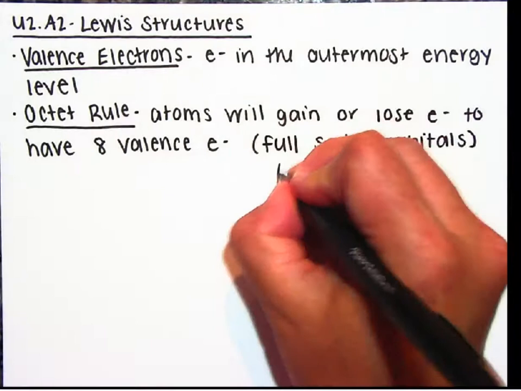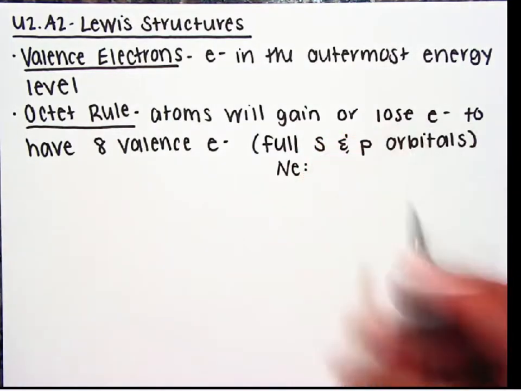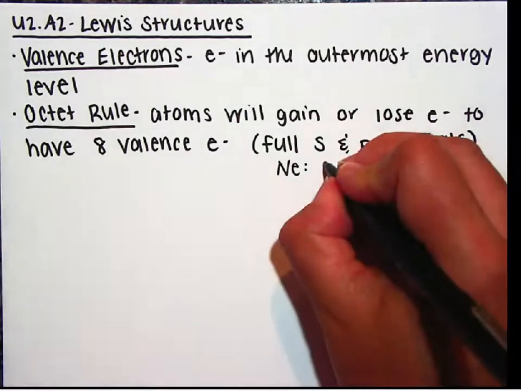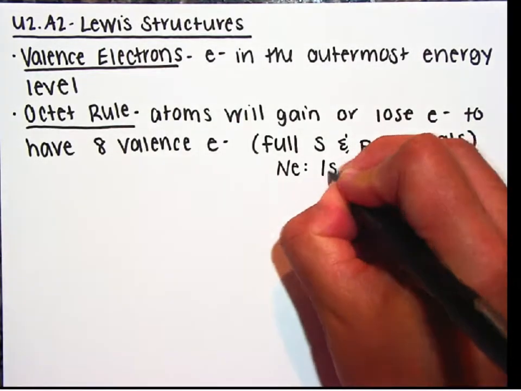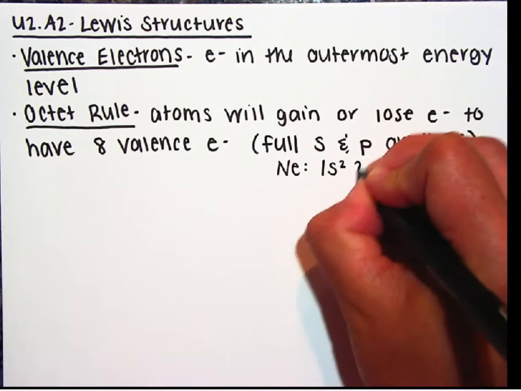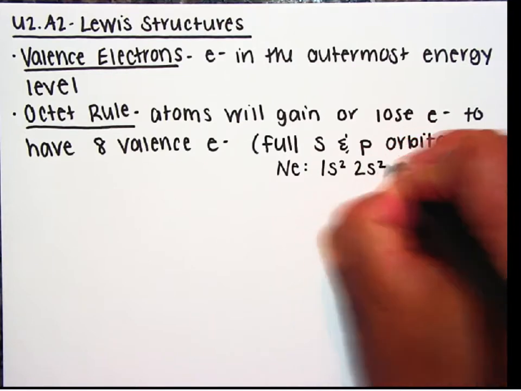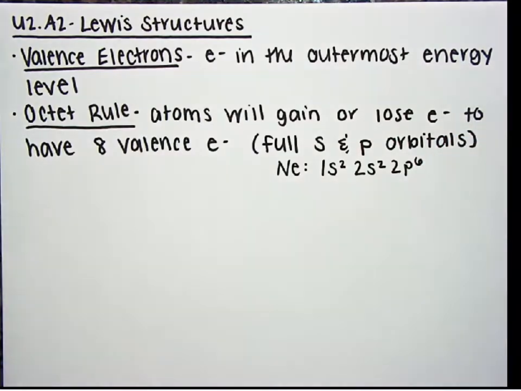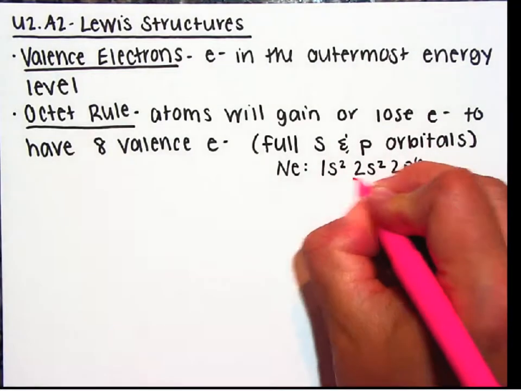So neon is an example of an atom that has 8 valence electrons. The electron configuration for neon is 1s2, 2s2, 2p6. So again, valence electrons are in the outermost energy level.